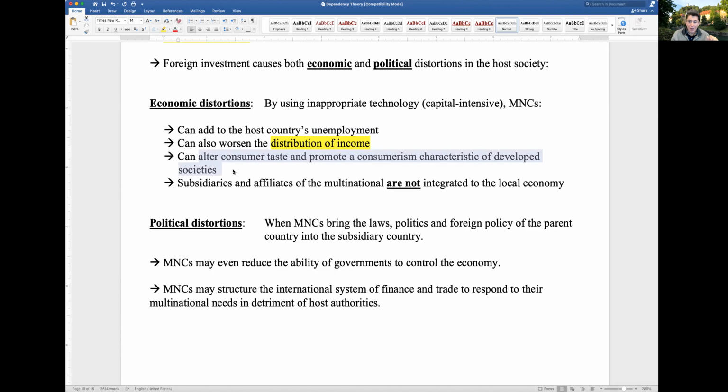And then you can also argue other things like consumer taste and consumerism. Let me tell you this story that is actually, I don't know, interesting, so to speak. A few years ago, they were interviewing Fidel Castro, now dead, of course, the former president of Cuba.